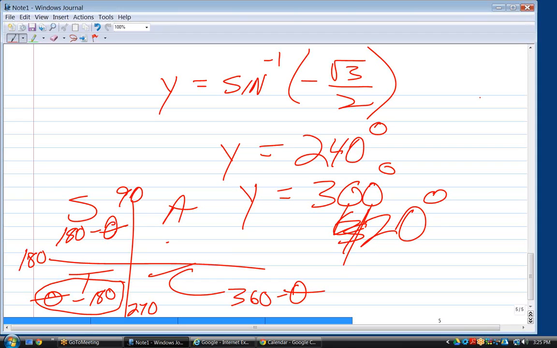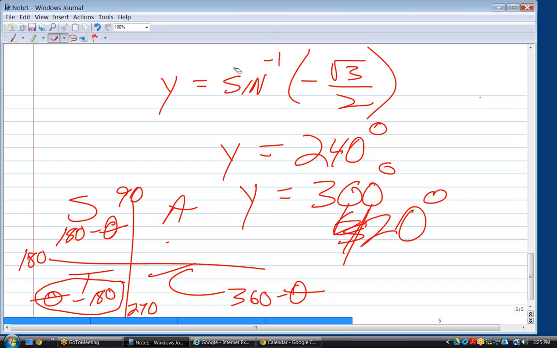So there are multiple angles that give you this value. So when you do the inverse sine, it can't give you all of the answers. It's only going to choose one, and the one it chooses is the fourth quadrant for negatives. For positives, it would give you a first quadrant angle.